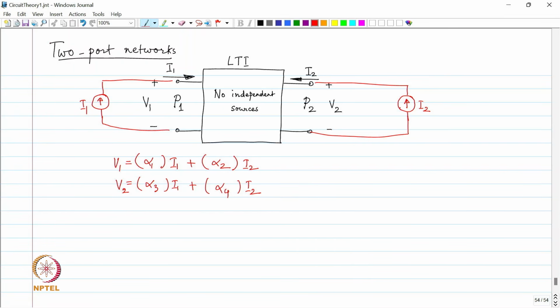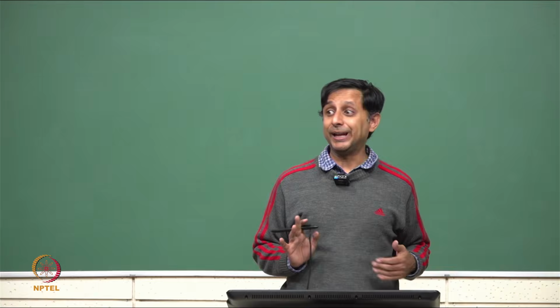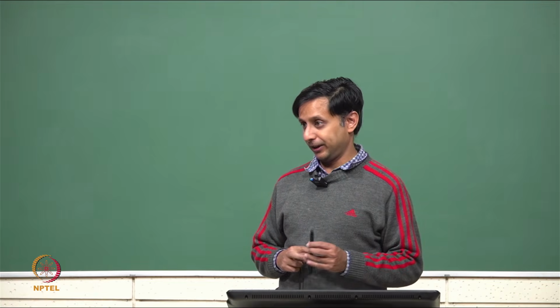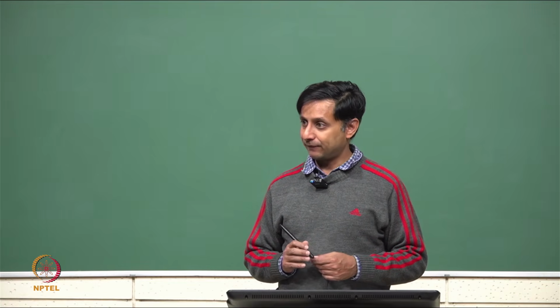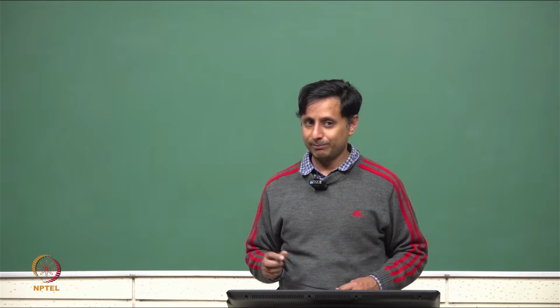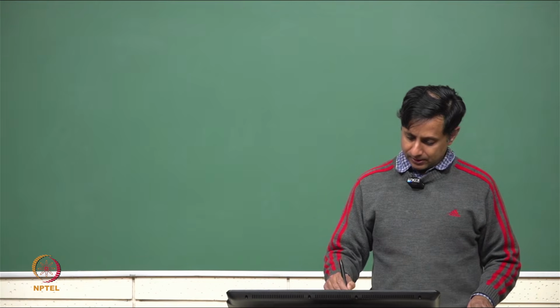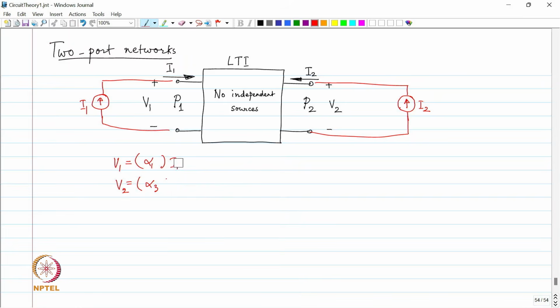So, how many possibilities are there? 4C2, 6. So, there are 6 different ways to play with a 2 port network. We are going to cover all 6, each of these ways to play with a 2 port network, we are going to discuss in detail.